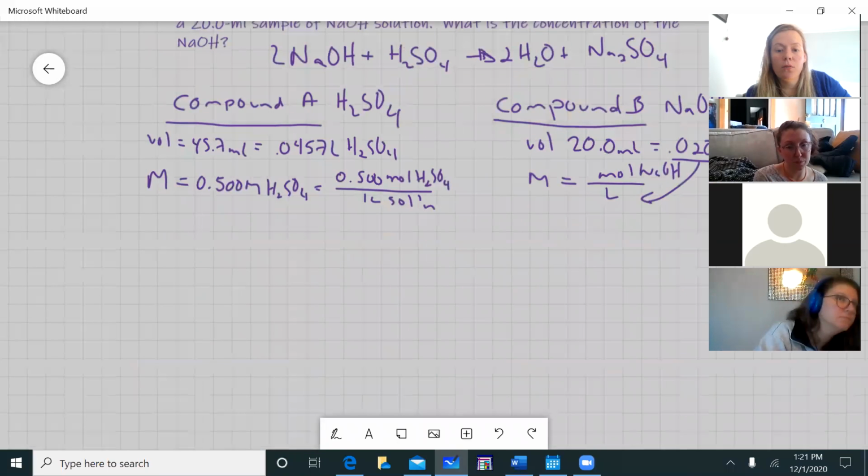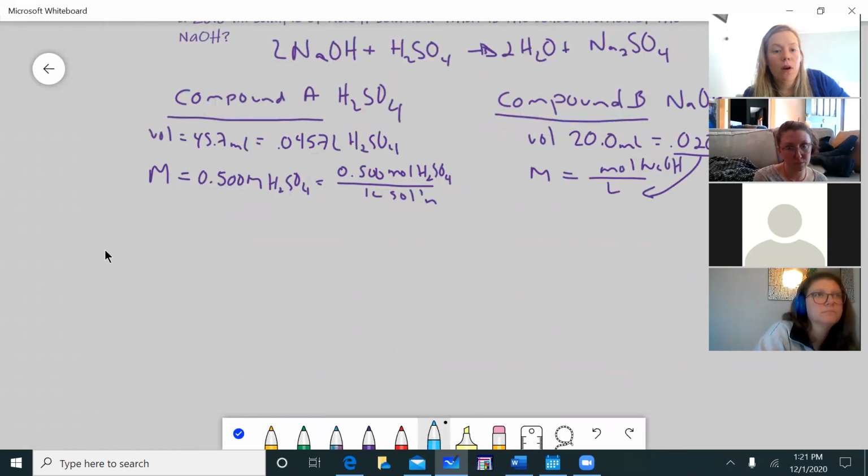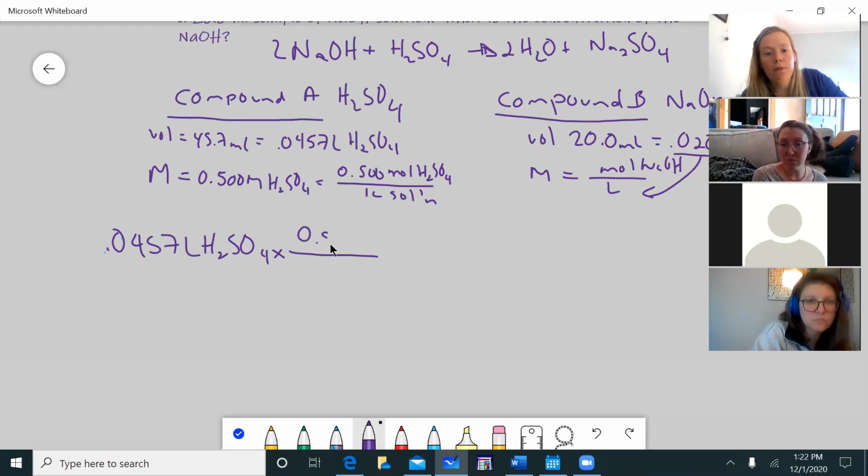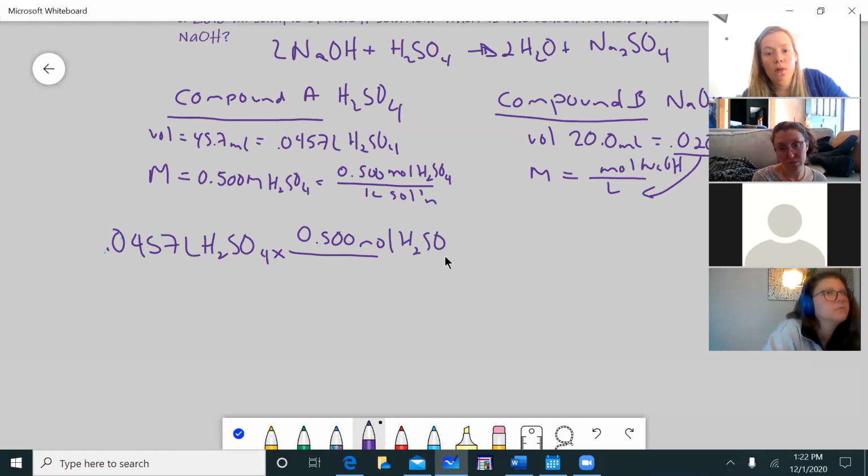Volume A, 0.0457 liters of H2SO4. If I take that value and multiply it by my molarity, or the 0.500 moles of H2SO4 in every 1 liter of the solution, right?